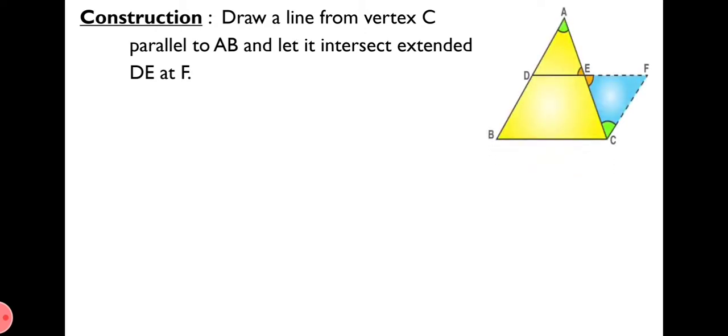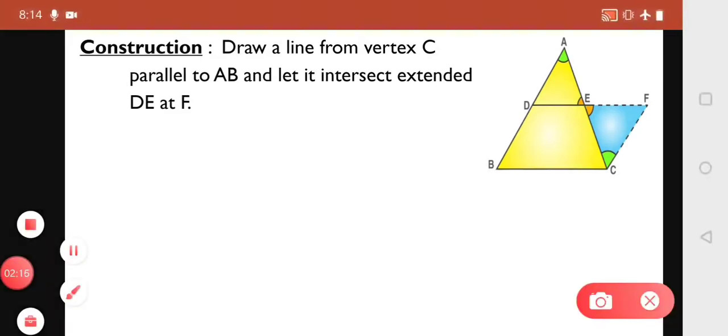So for the proof, we do the construction as the given figure is not sufficient to prove. So we do the construction, that is draw a line from vertex C parallel to AB and let it intersect the extended DE at F. So we have done the construction, that is we have drawn a line from vertex C in such a way that it is parallel to AB.